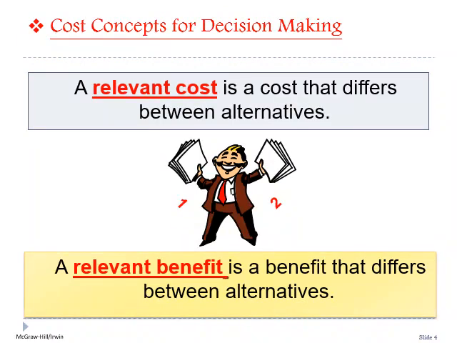Also a relevant benefit is a benefit that differs between alternatives. لما بقول relevant benefit منافع ملائمة، يبقى this benefit differs between alternatives، بتختلف بين البدائل. اوكي.